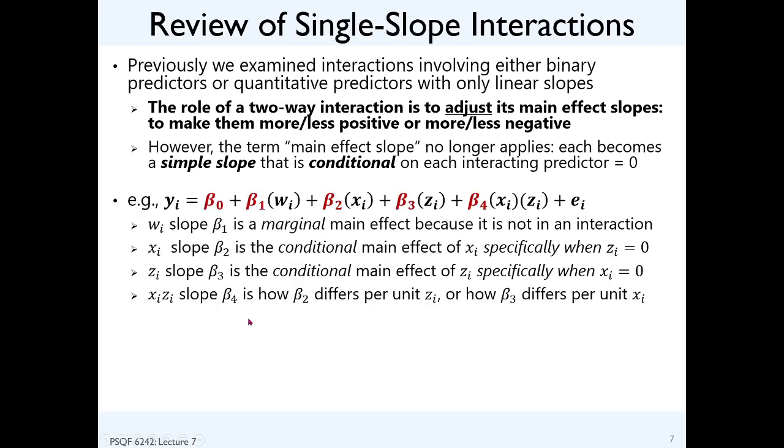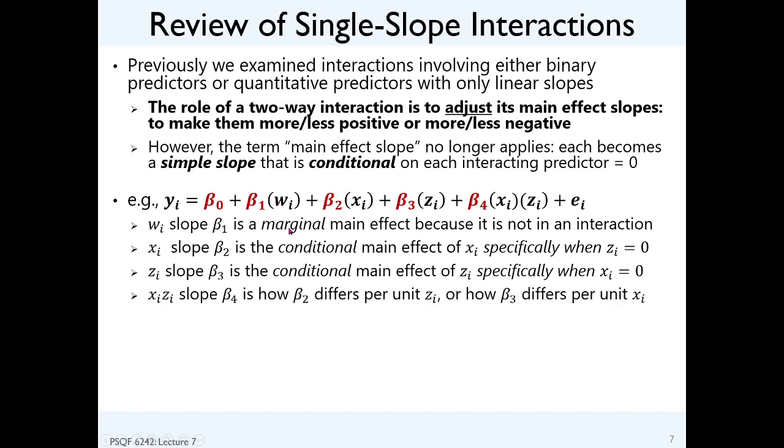So as an example, if I have a model that looks like this, I have a fixed intercept beta 0, I have a covariate or a predictor, whatever you want to call it, W. W is not included in any interaction terms. Therefore, I would say that its effect is marginal. It is unconditional. Beta 1 describes the effect of W no matter what your value of these other variables are.